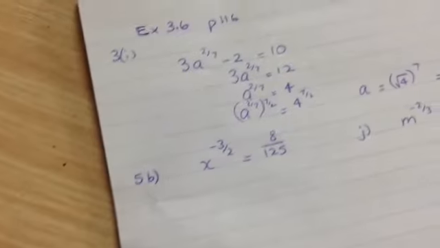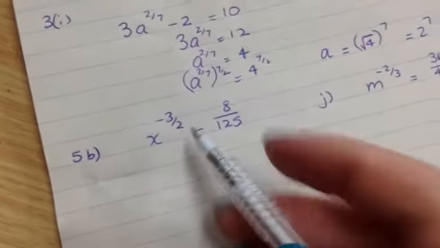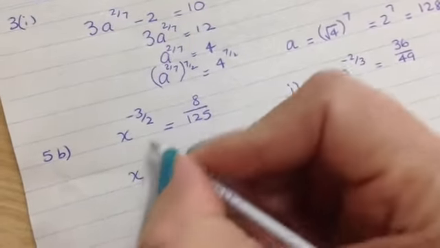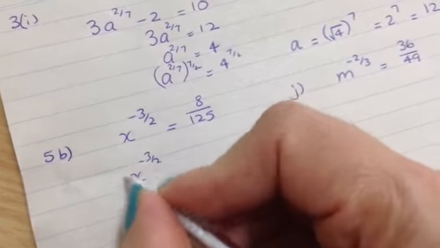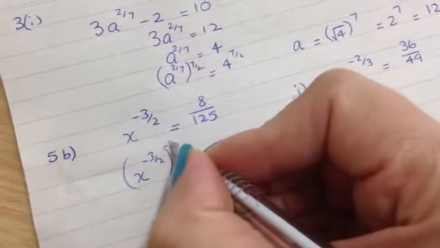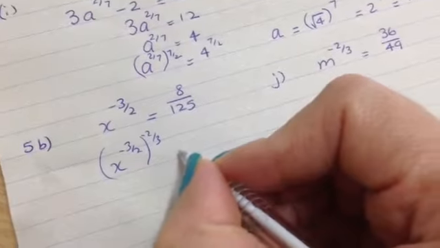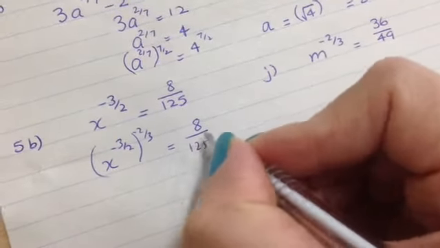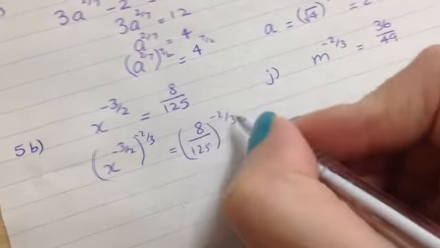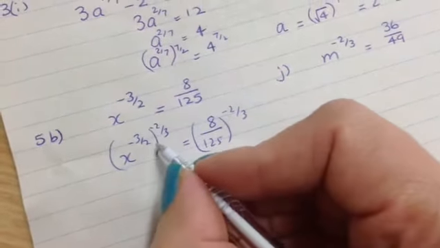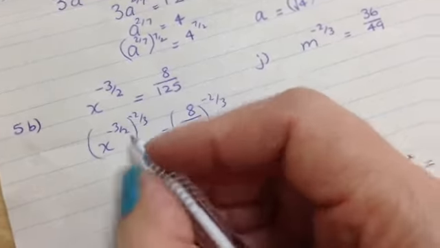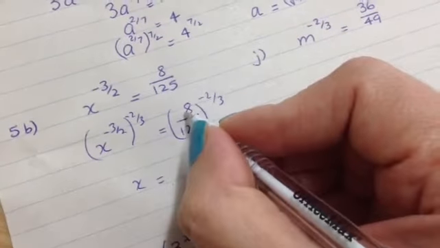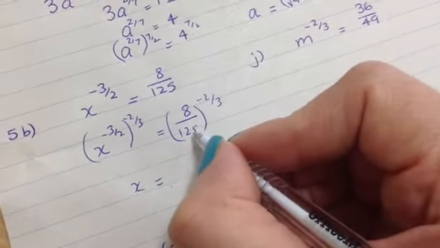Next one, we have x to the minus 3 on 2, same thing, raise that to the minus 2/3, and same with this side, minus 2/3. That will become 1 when you multiply them together, so you get x is equal to 8 over 125 to the minus 2/3.